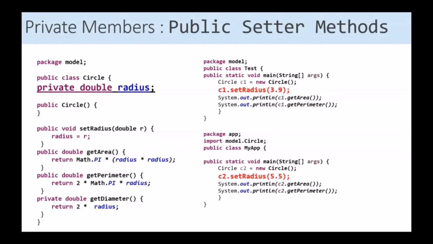Radius must be a non-negative value. Right? Okay. Look here. This is private double. Can you access the radius? No.